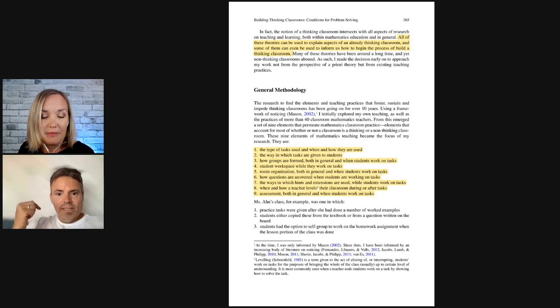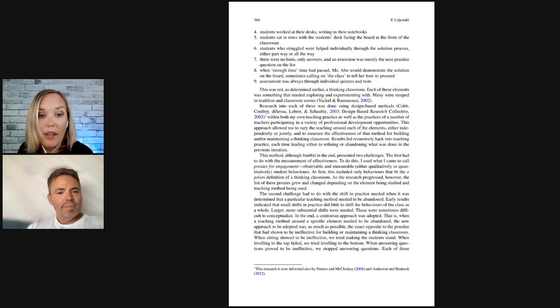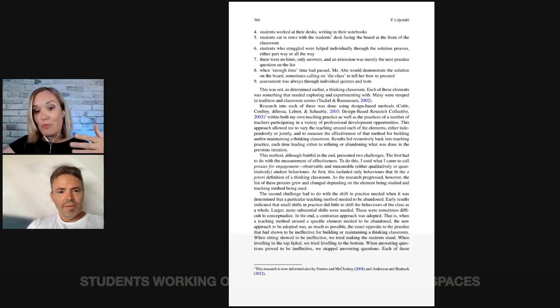Number three is, how is the classroom being set up? Oh, yeah. So this is a big one. If your classroom is just rows of desks, and kids are quietly sitting in those desks working on problems themselves, then probably your teaching isn't based on current research, because what it should look like is that they're working on non-permanent vertical space.